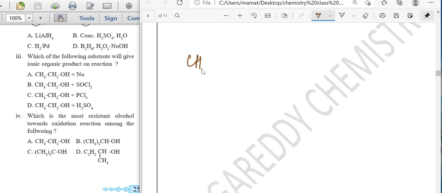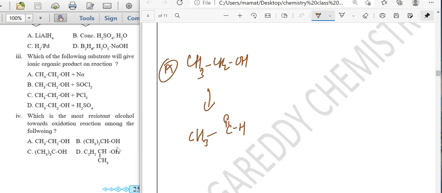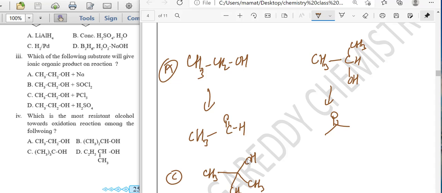See first one, A option, CH3CH2OH, by oxidation it is getting CH3CHO, aldehyde. This one is a ketone. So here dehydrogenation does not take place, here dehydration is there.